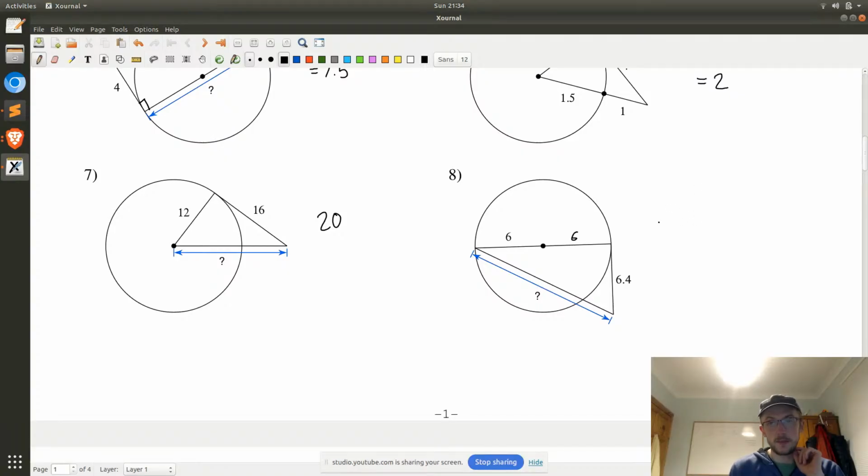So it's going to be the square root of 12 squared plus 6.4 squared. 12 squared is 144. 6.4 squared is 40.96. 144 plus 40.96 is 184.96. And is that a perfect square?